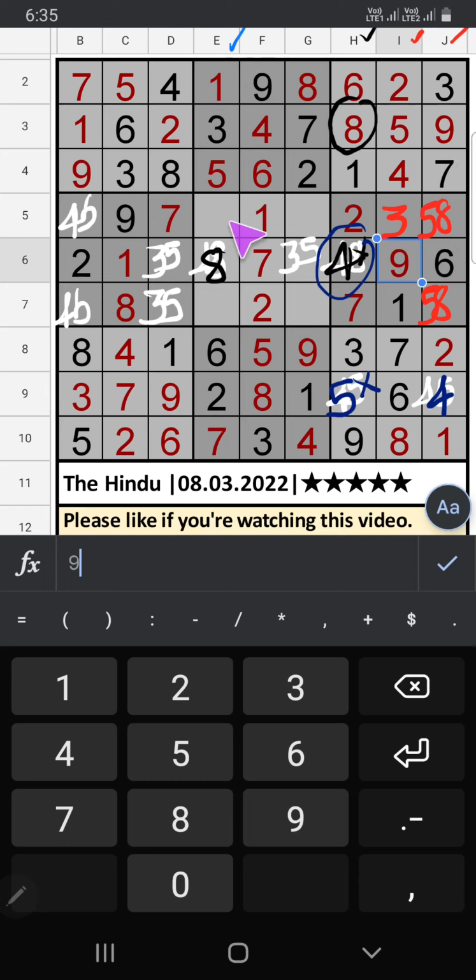Column E, 2 numbers are remaining, 4 and 9. 5th row, we have 9, so 9 can't come in this cell. 9 is confirmed here, then 4 is here. Since 4 is here, 4 can't come in this cell. 4 is confirmed here, then 6 is here.